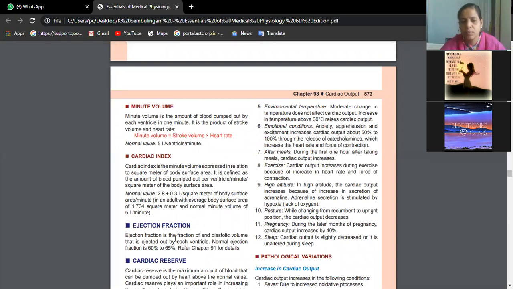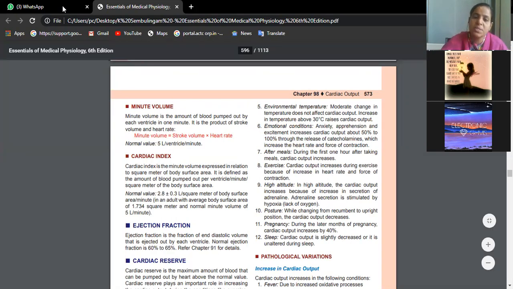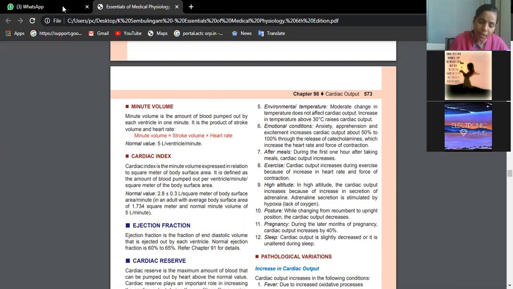It is around 160, 190, 200 milligram per minute. Beyond that threshold, glucose will appear in the urine. Otherwise, glucose is not a normal ingredient of urine.